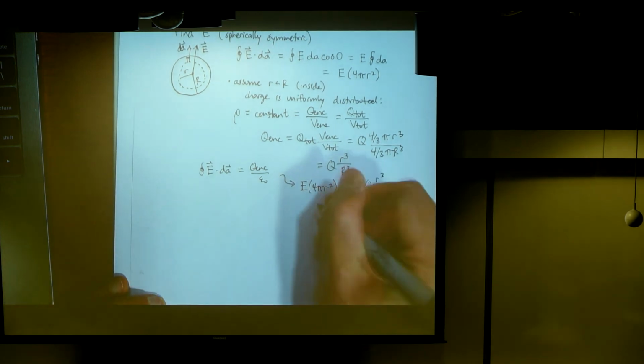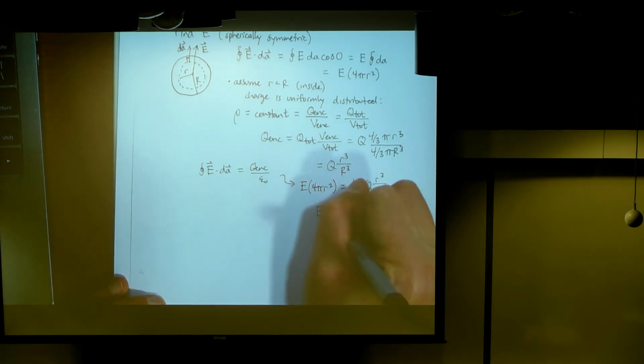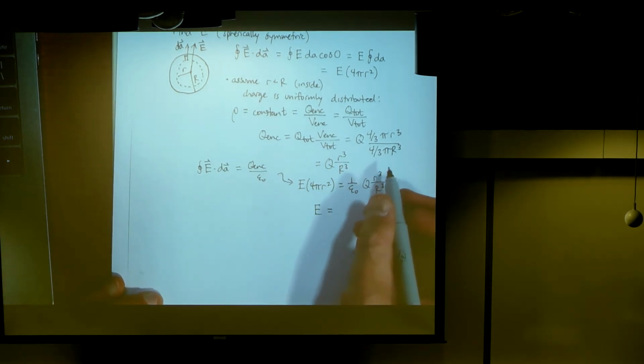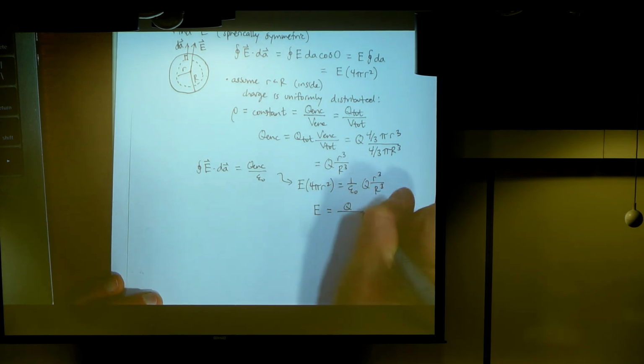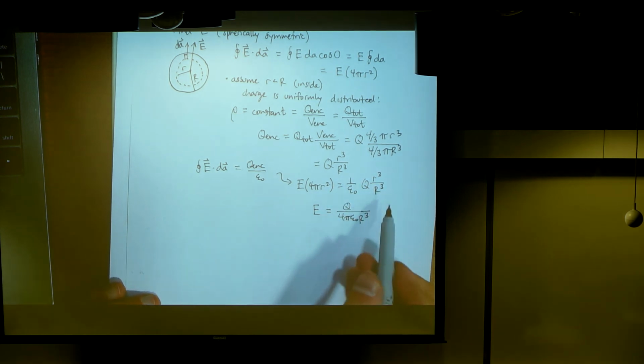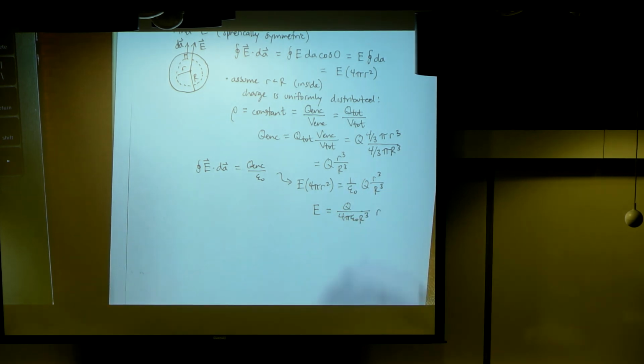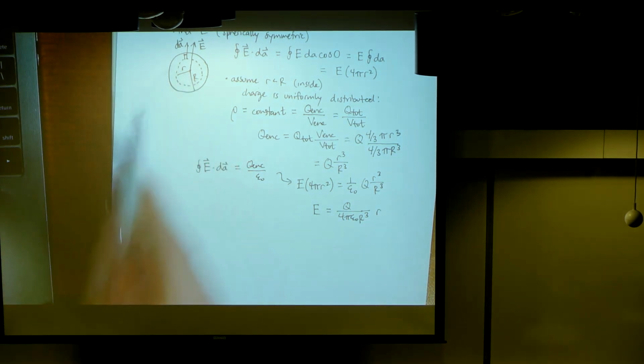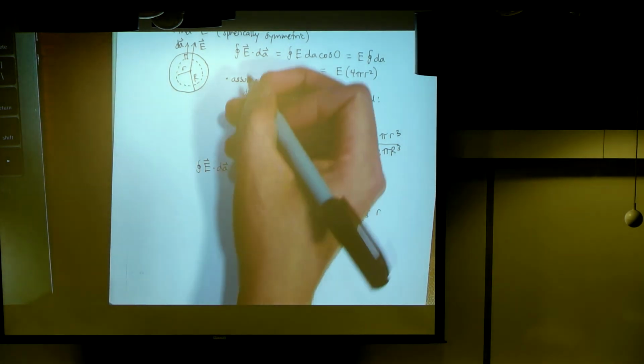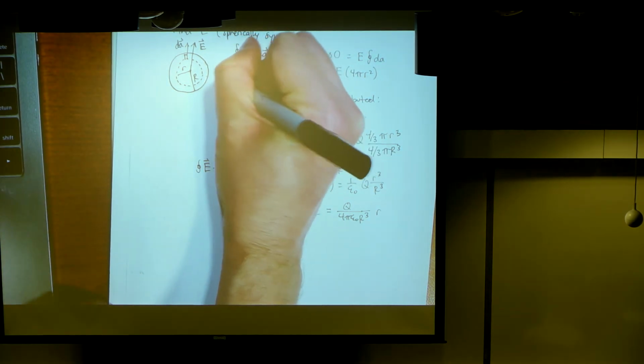Okay? Which means E is equal to, let's write it out, Q divided by 4 pi epsilon naught big R to the 3rd power. And then what am I left with? How many factors of little r? Just 1. So, of course, this is the E field inside of this charge distribution. So we found the E field on the inside.